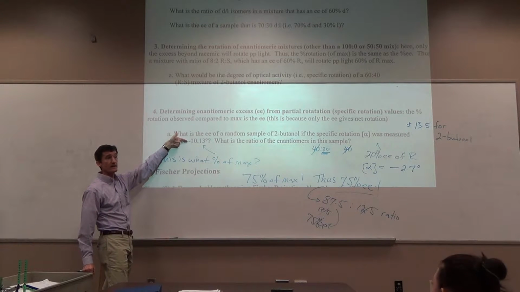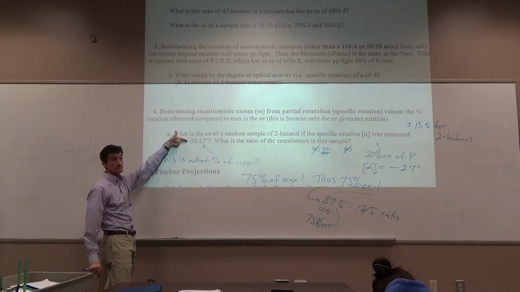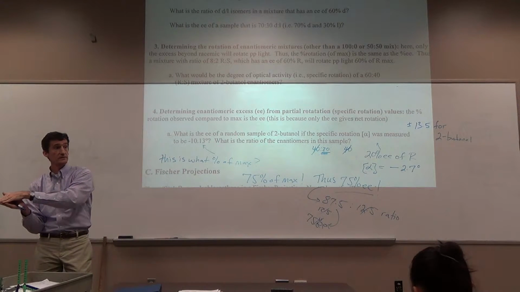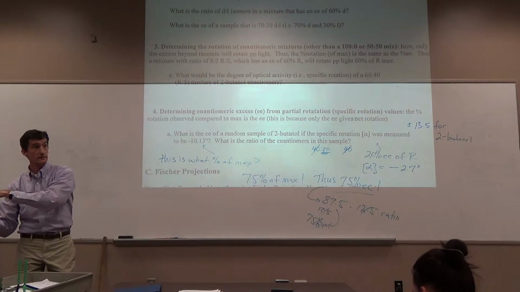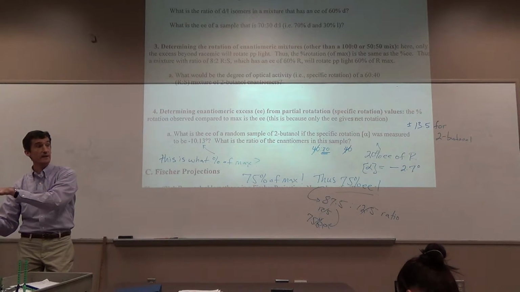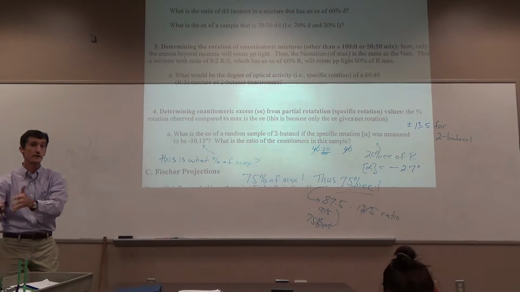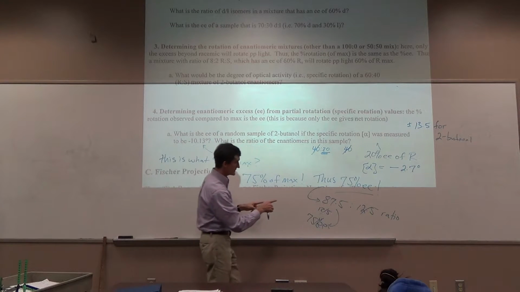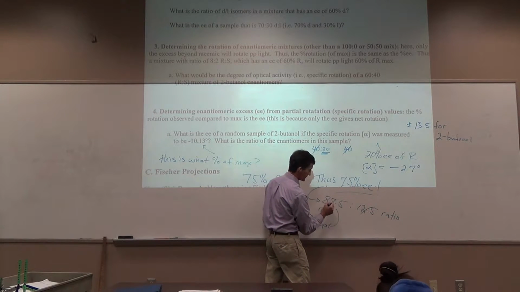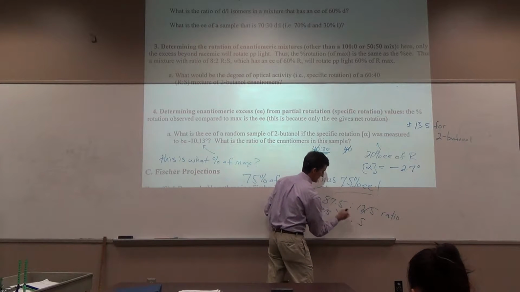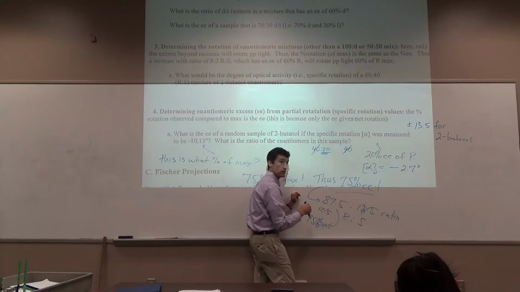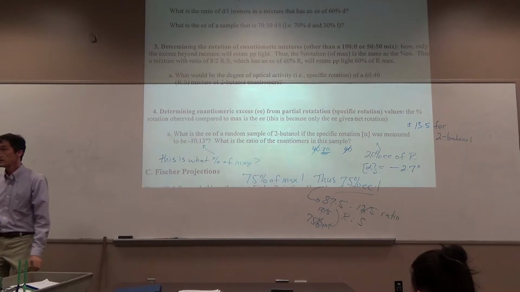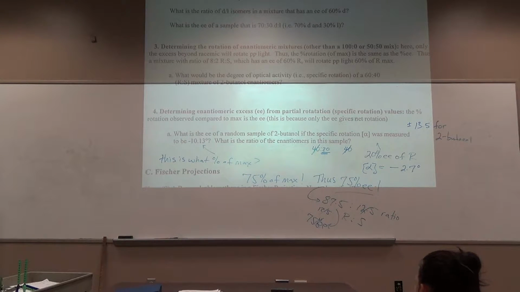It's more to the negative, so it should be more towards the R. If it moves positive, that means it's going to be more towards the S. So you would only get positive if there's excess of S. You get negative if it's excess of R. So we do need to clarify this. So it's R to S here. R is negative, correct? R is levorotatory? Yeah.